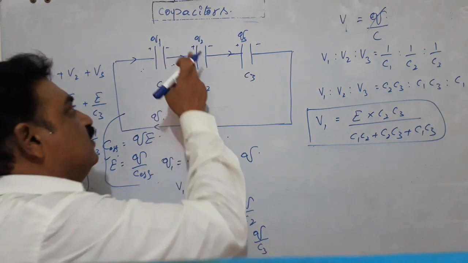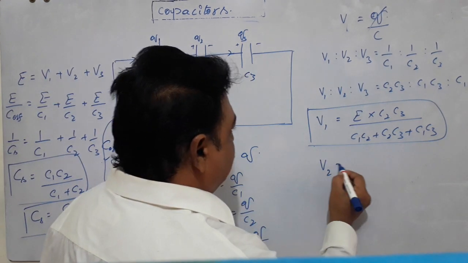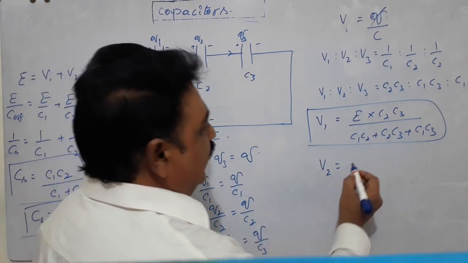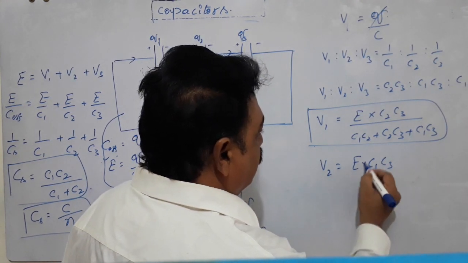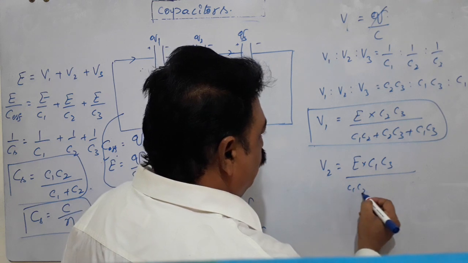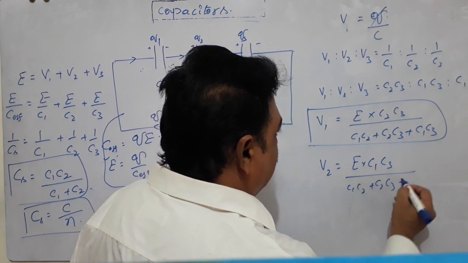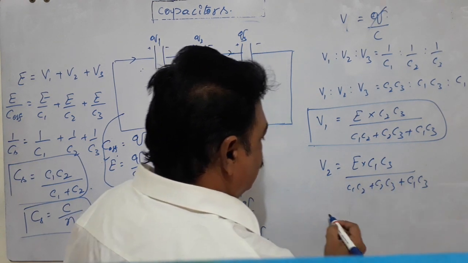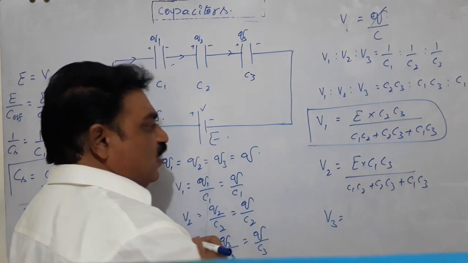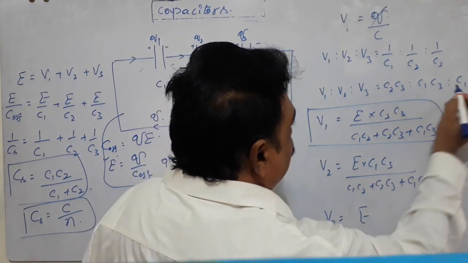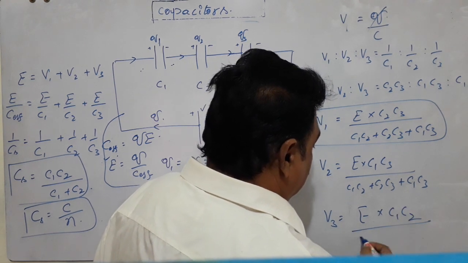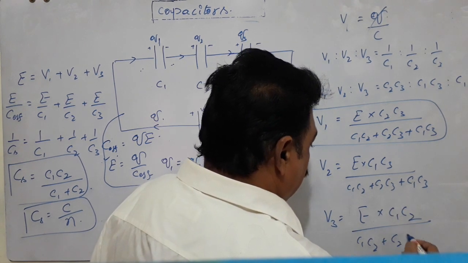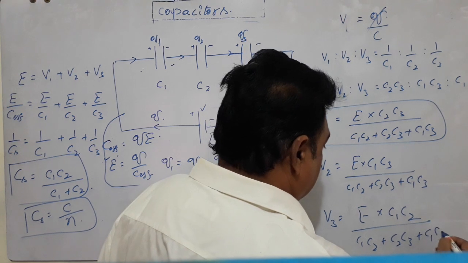If you want the voltage across the second capacitor, that will be equal to E into C1 C3 by the same C1 C2 plus C2 C3 plus C1 C3. Similarly, V3 is equal to E into C1 C2 by C1 C2 plus C2 C3 plus C1 C3.